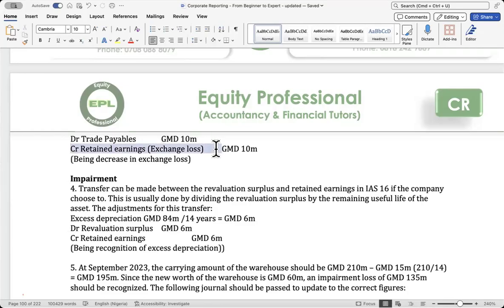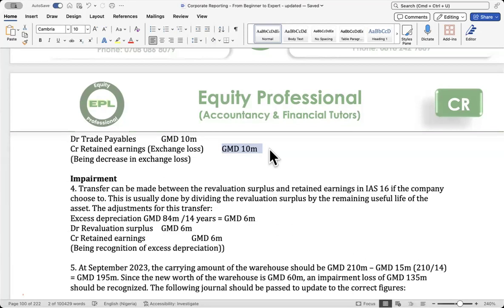So I credited that loss, that P&L, through my retained earnings now with 10 million, just so that I'm bringing down what should go to P&L to 2.5. I'm crediting it because what they had done is they debited P&L or retained earnings with 12.5.